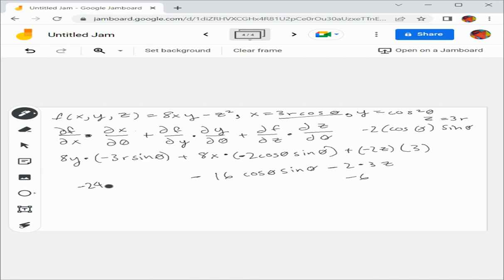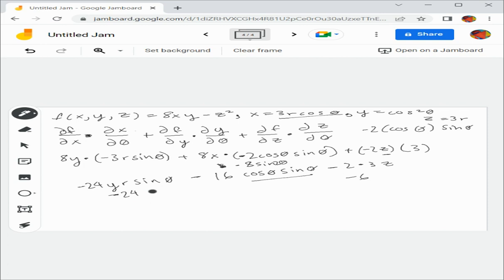And over here is negative 24r sine theta. Okay, so we have to get rid of some of these spaces. Also, if I want to get rid of this, I could do sine 2 theta, and that will make this an 8, and then it would be 8 sine 2 theta if I need it. Pretty sure I don't need it. That's why I'm not using it.